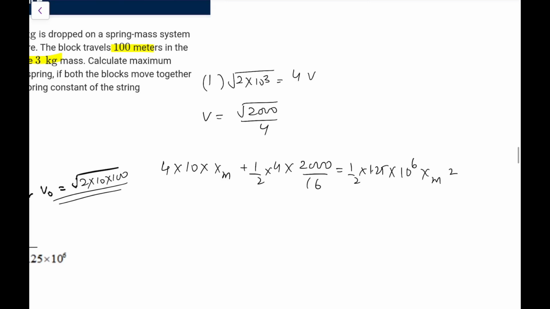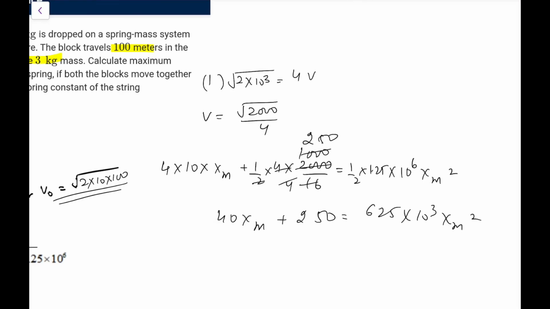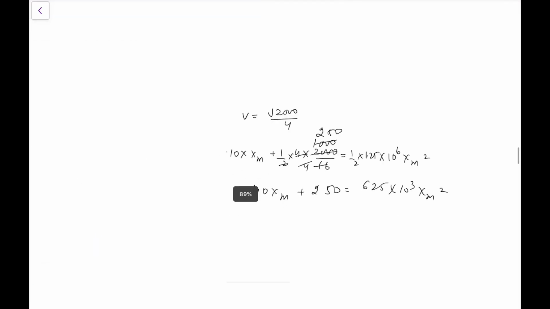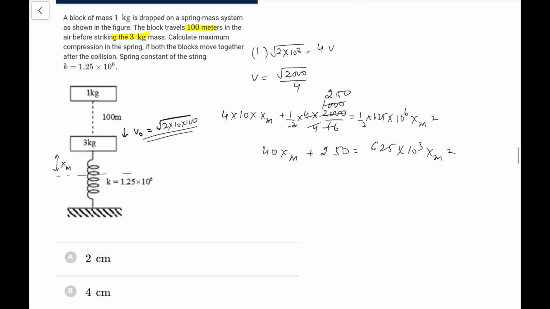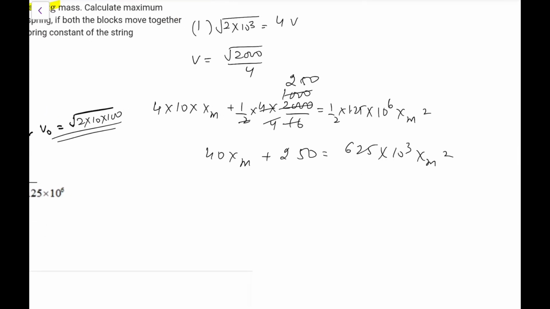So it's not going to be an easy one. Let me do it. So 16, this is 4, this is 1000 by 4, that is 250. So what you have, 40 x max plus 250 is half into 1.25, so 625 into 10 to the power 3 x max square.